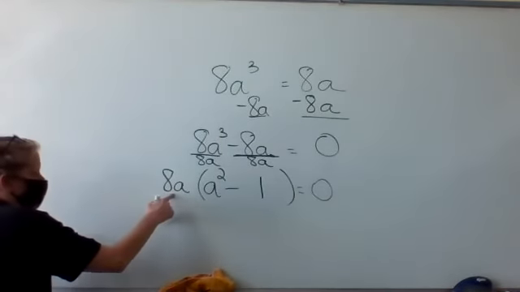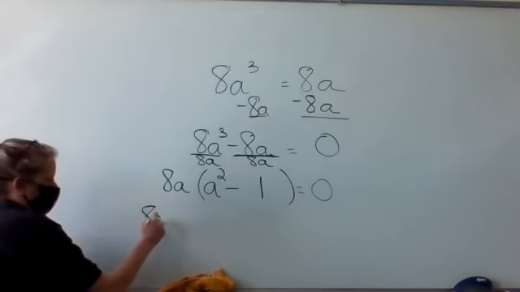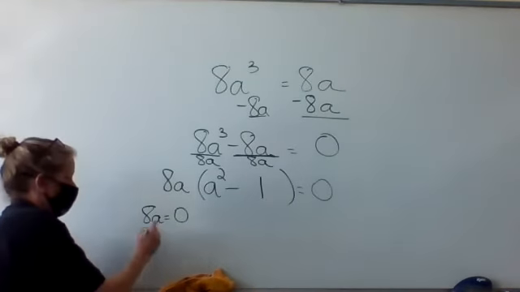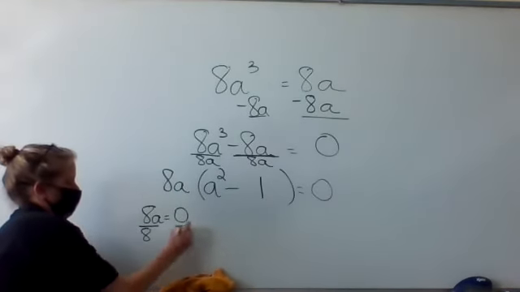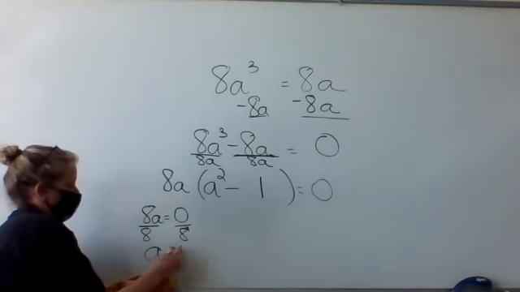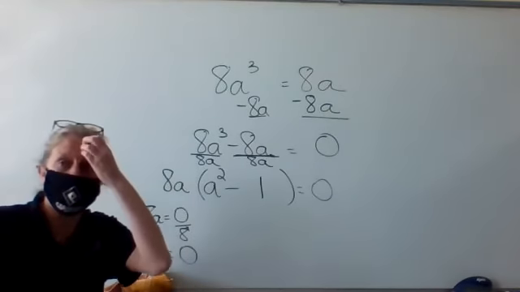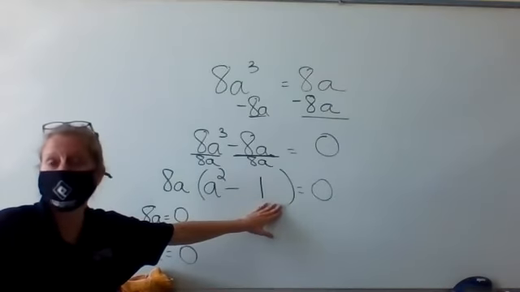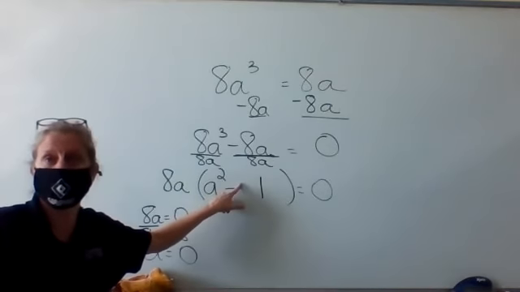So this is going to make one solution, right? So set it equal to 0. Solve it for a, which just means divide it by 8. So a equals 0. There's one of your answers. Now, I can put this in quad, which absolutely I can, because it's squared now, which means it's quad.